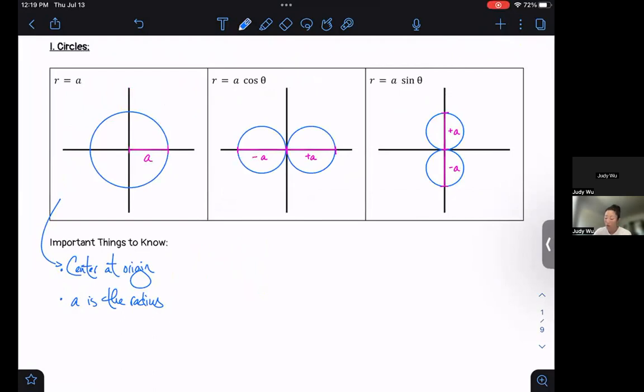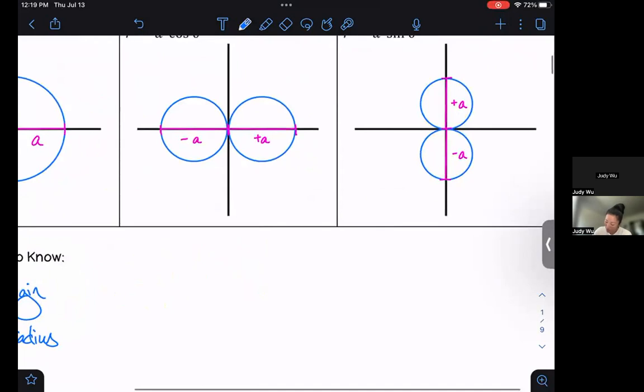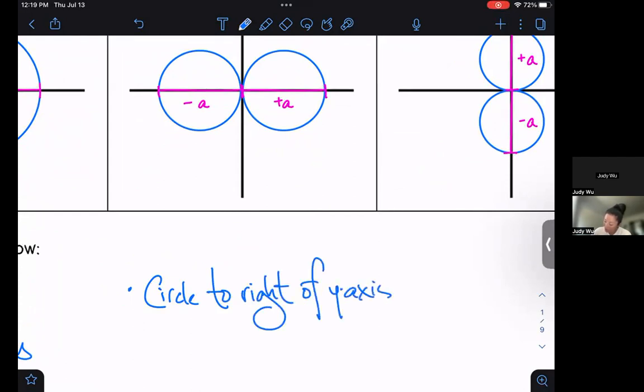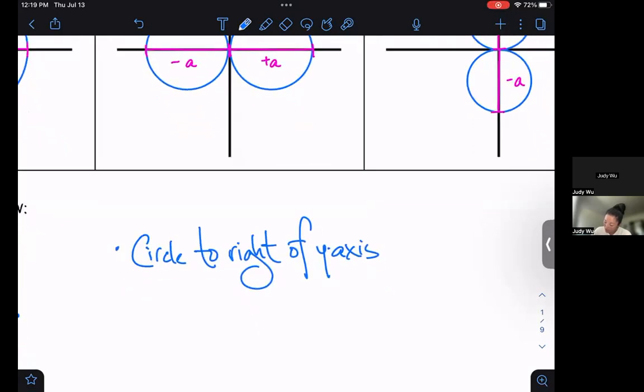All right, well, what about this middle graph? What might we write about that? Well, we might have a circle to the right of the y-axis for positive a.